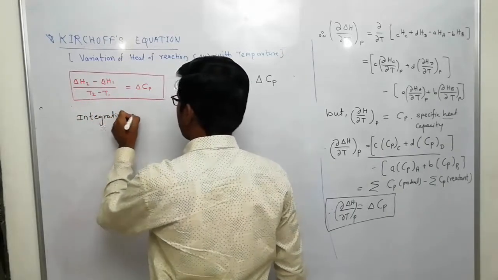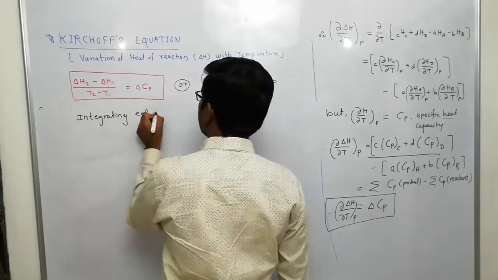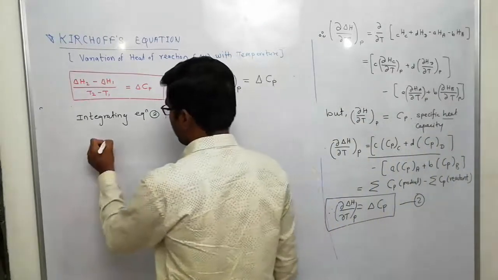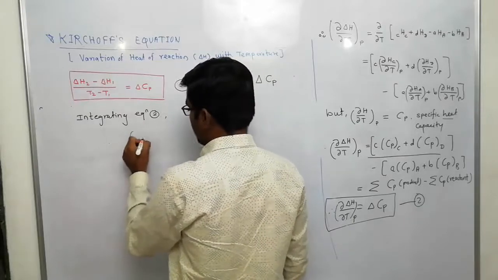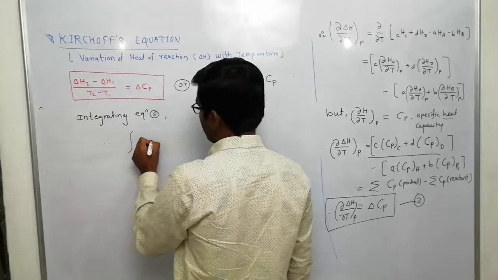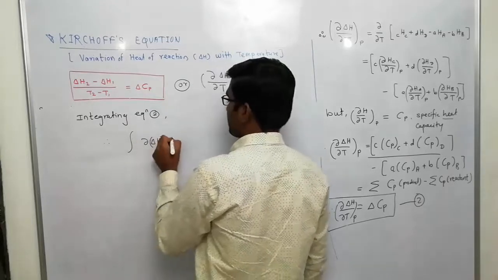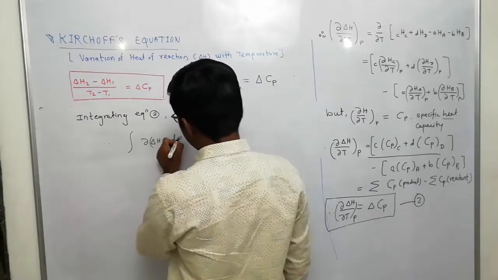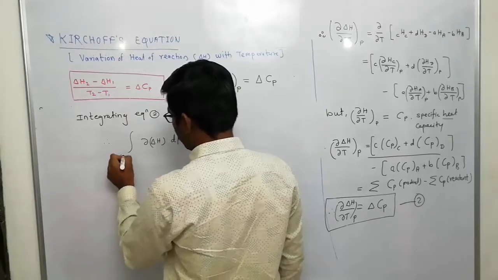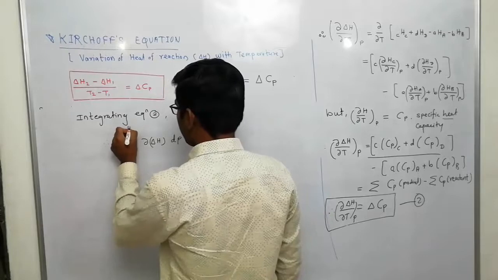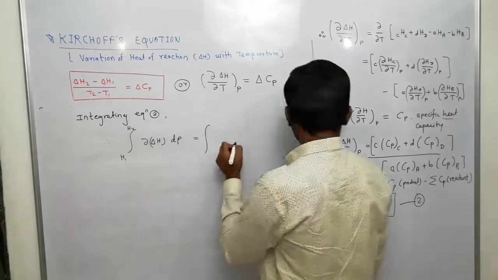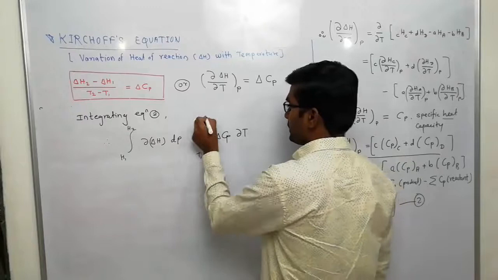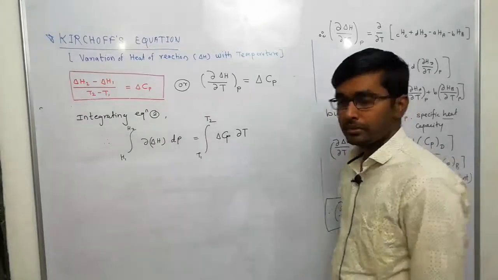Integrating equation number 2, this is equation number 2, then we get, therefore, the integration of d delta H between H1 and H2, which is equal to the integration of delta Cp dT between the limits T1 and T2.